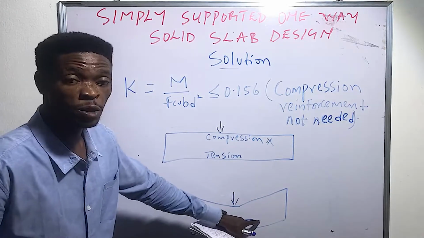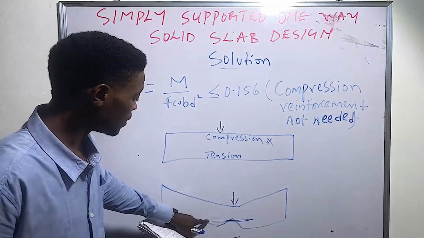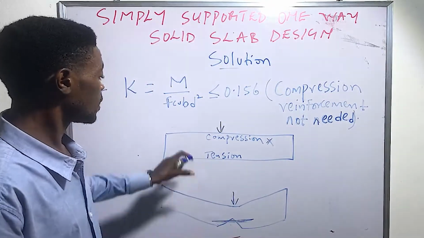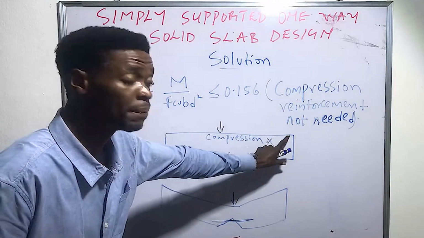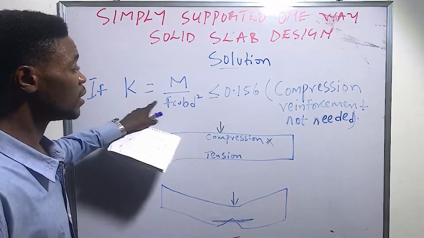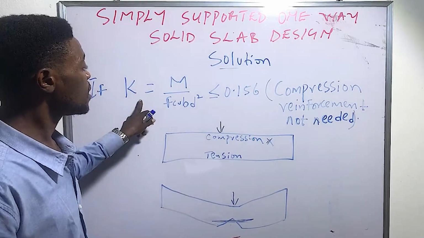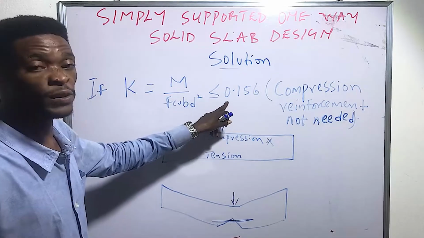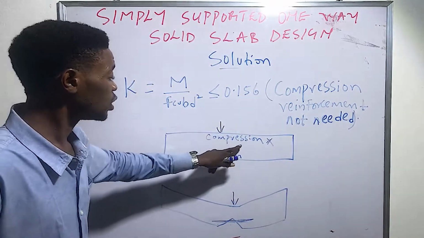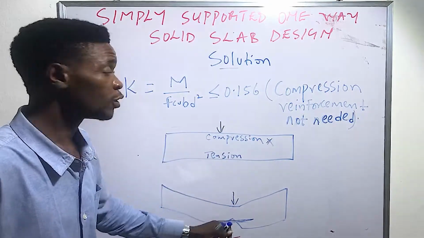The tension reinforcement provided at this place, this is the critical section, will be sufficient to keep this slab in position. So we can now proceed to check the K value. Yes, if K is above this value, we have to design for both compression and tension reinforcement.